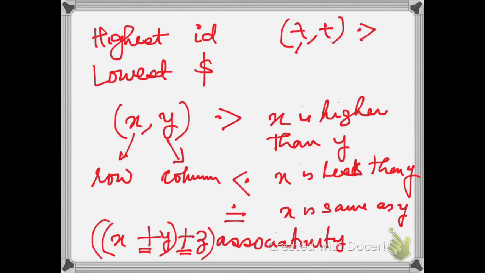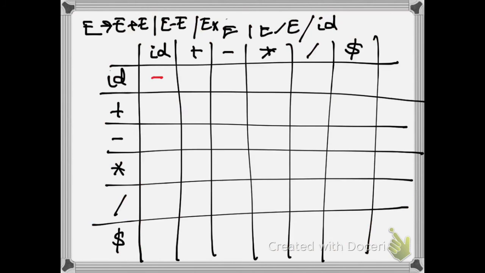So let us go back to our grammar and try to fill up this table. From our grammar, you can see that this is an ambiguous grammar. This is also an operator grammar because no two non-terminals appear together, and there are no epsilon productions. So we will fill up this table.